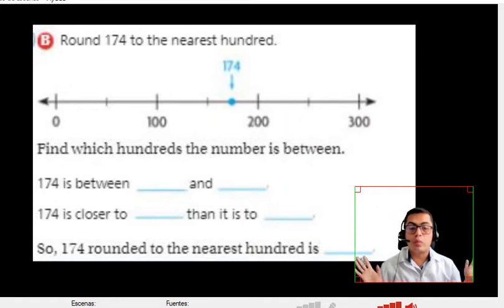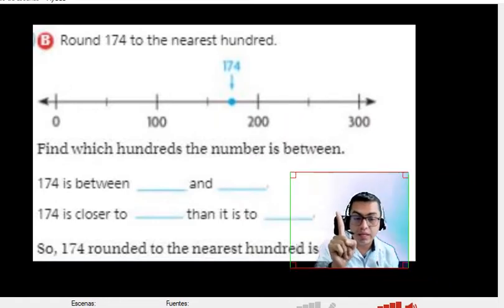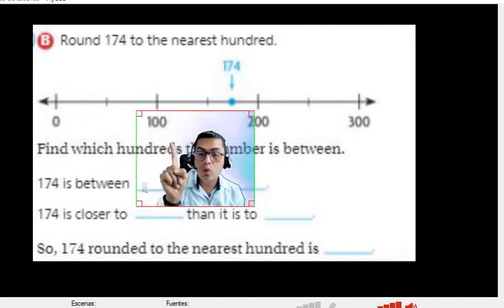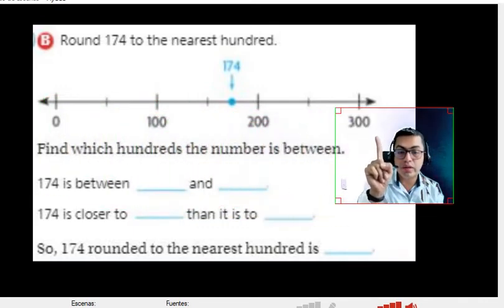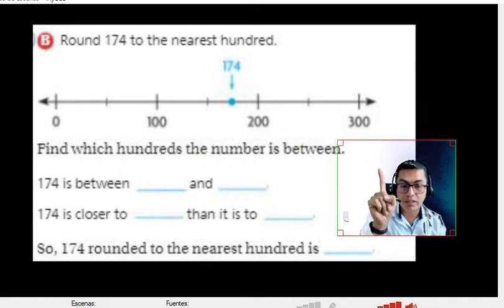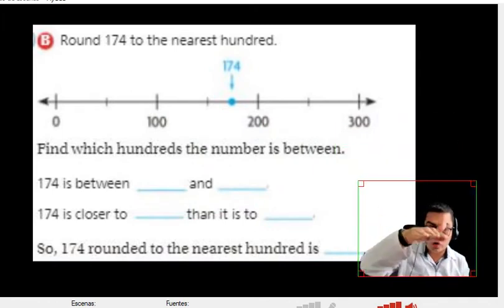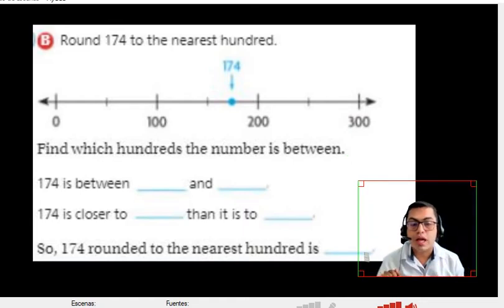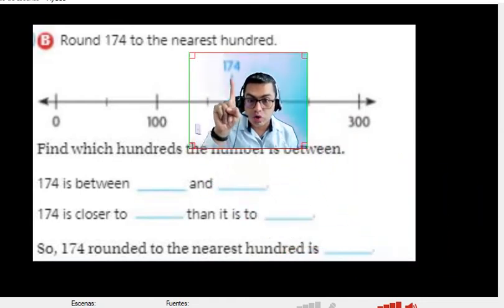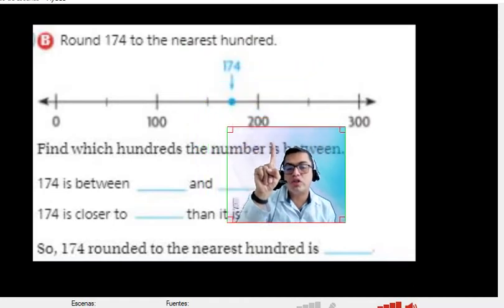Pero hay otro caso que nos dice to the hundred. Si ven que ahí está 0, 100, 200, 300, right? So están de 100 en 100, in hundreds. That's why escogimos, nos dicen 174.